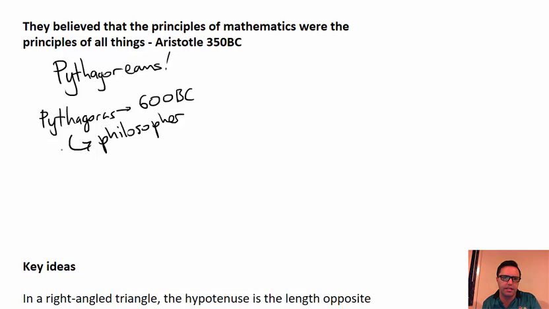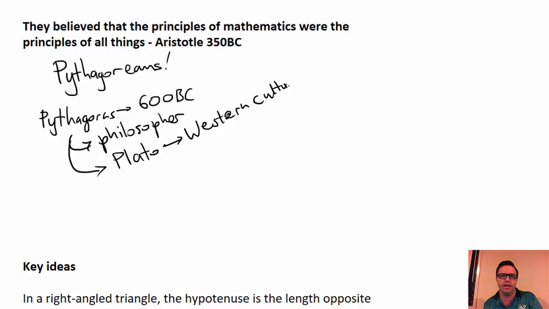He heavily influenced the thinking of Plato, who went on to develop some of the ideas that permeated through to the entire of Western culture, which is our culture here in Australia. And a lot of people think that he was maybe the first to think that the Earth was a sphere.